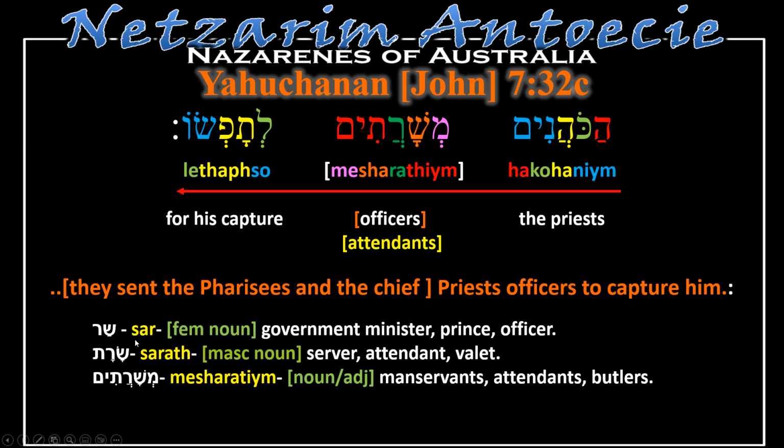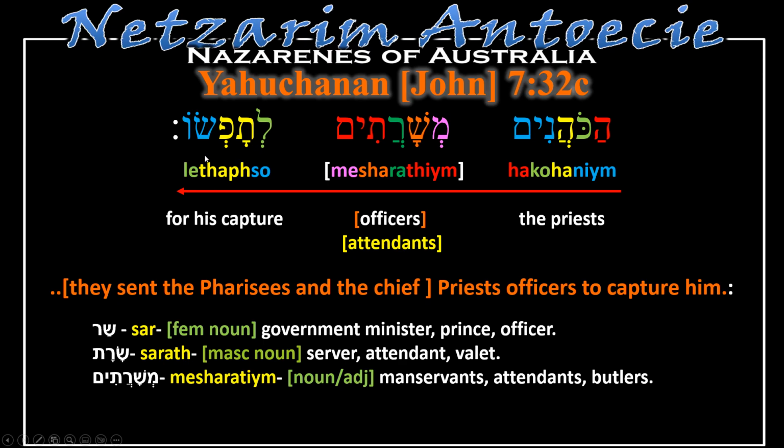If we look down here, we have sar first, which is a feminine noun, which means government minister, prince, or officer. Then we have sharat, a masculine noun, means server, attendant, valet. And then we have mesharatim, which is the word used up there. It can be used as a noun or adjective. It means manservants, attendants, or butlers. But they've translated it as officers. I put it as attendants.